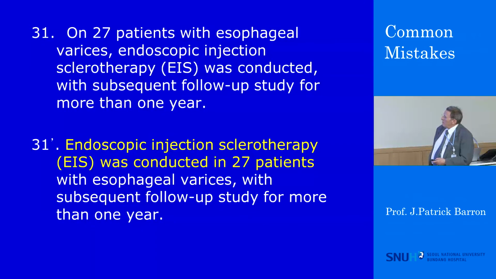Now, the important thing here is front loading. In this sentence, the main thing you are talking about is endoscopic injection sclerotherapy. The main thing is not 27 patients. So you bring endoscopic injection sclerotherapy, EIS, to the front: was conducted in 27 patients with it.